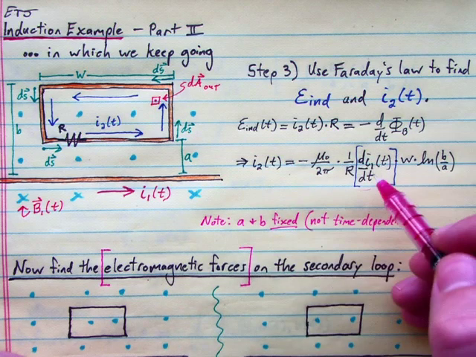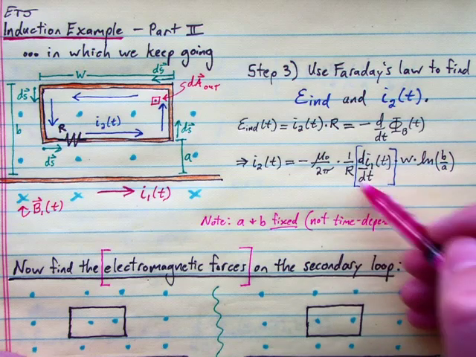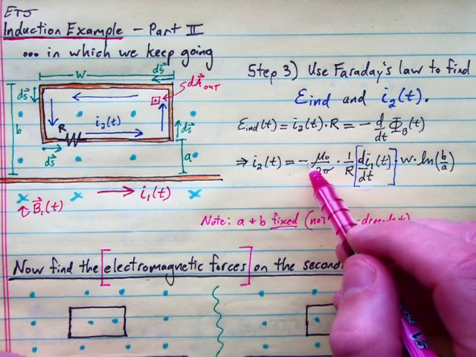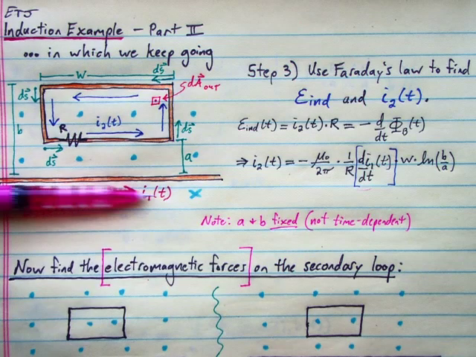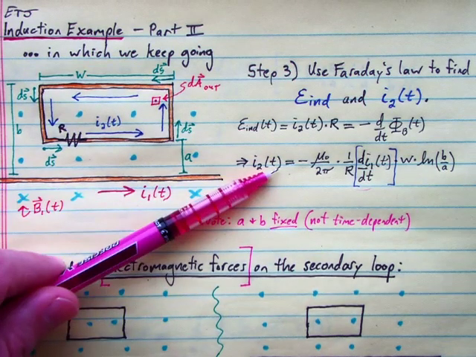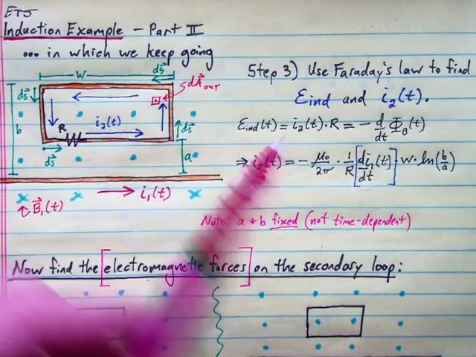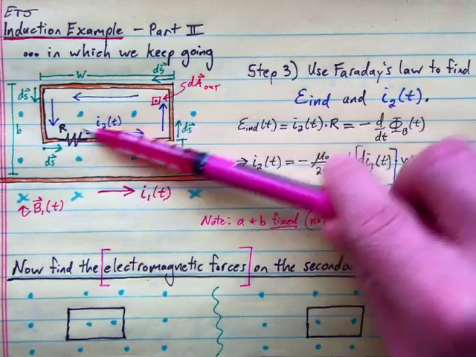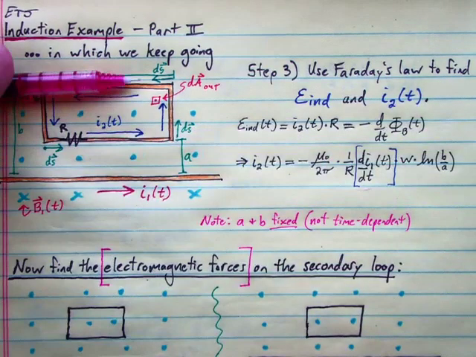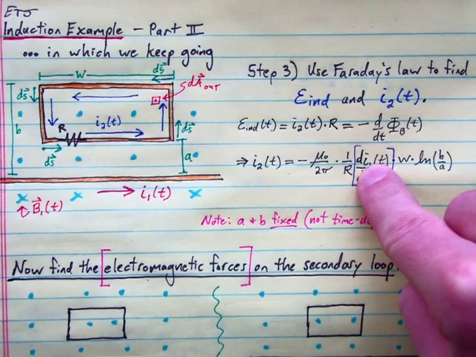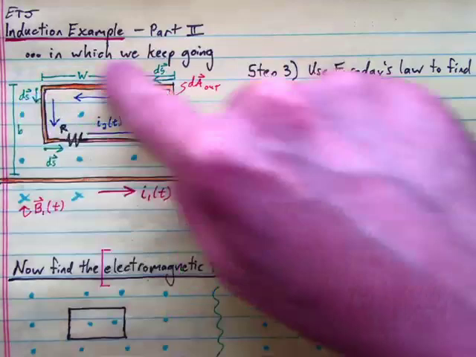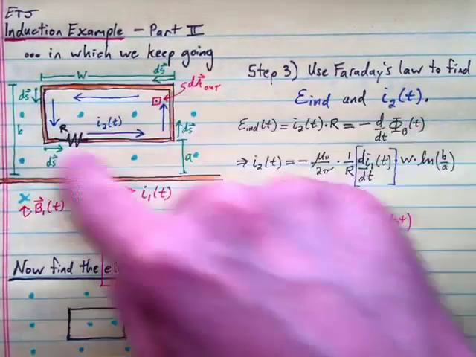So if I1 were getting stronger, this would be positive, and I2 would be negative. That is, I2 would be opposite the direction of ds's. I2 would be going clockwise instead, as we've already worked out before. So if I1 is increasing with time, I2 would be clockwise. I2 would be a negative current.